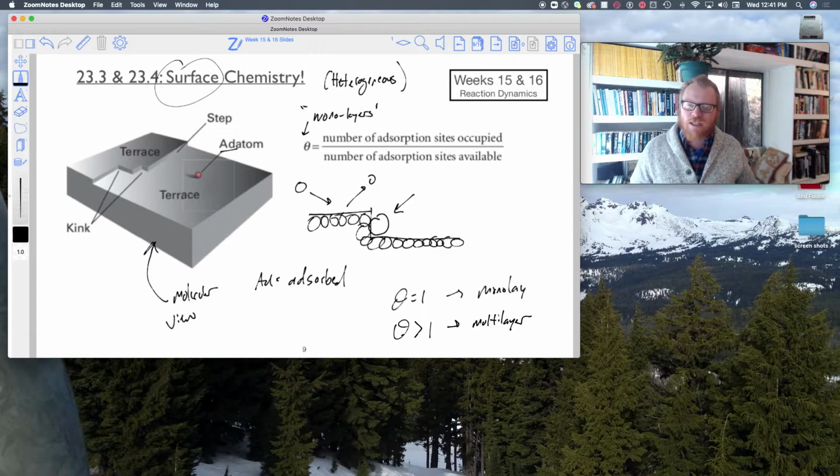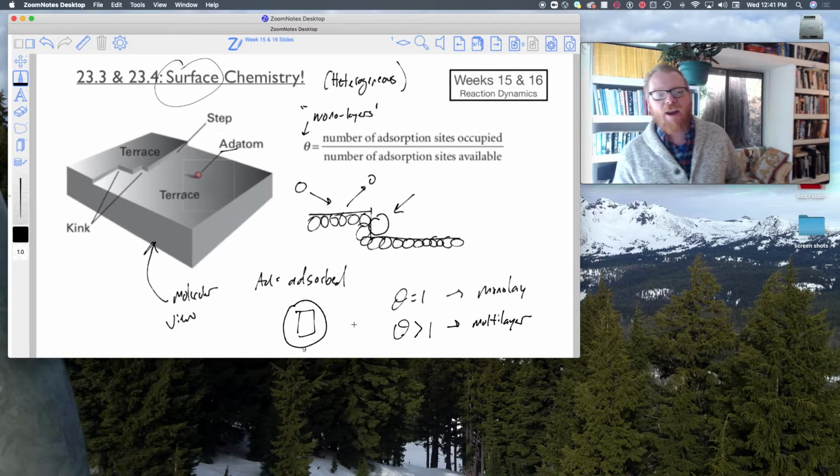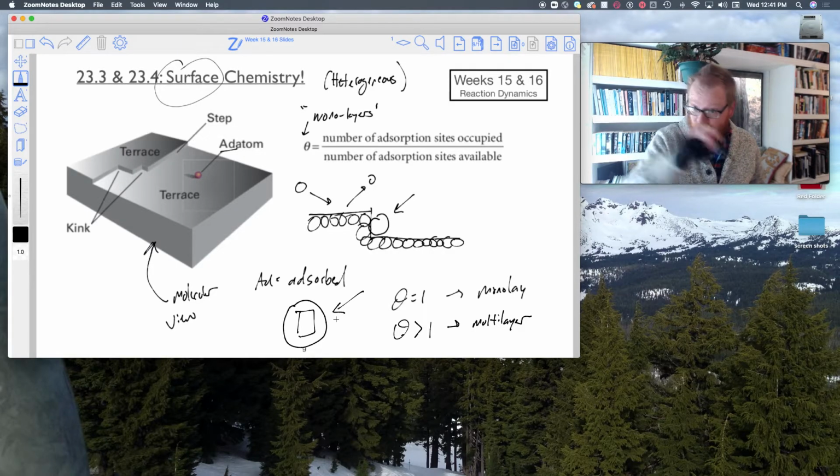Does it even look like a chunk of salt anymore, or does it just look like a particle of water? Hopefully you see what I mean, if that makes good sense, right? If I've got a salt crystal, but it's surrounded by a multilayer of water and other gas molecules come in to interact with it, they're really only interacting with water, not the salt that lies under the adlayer, okay?